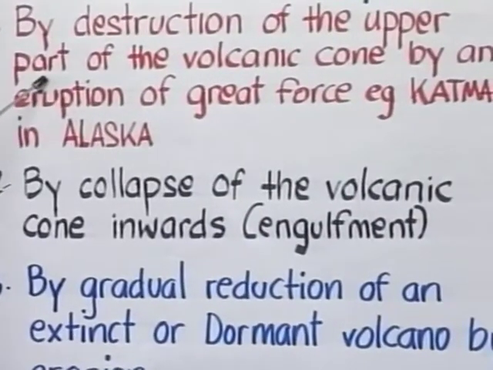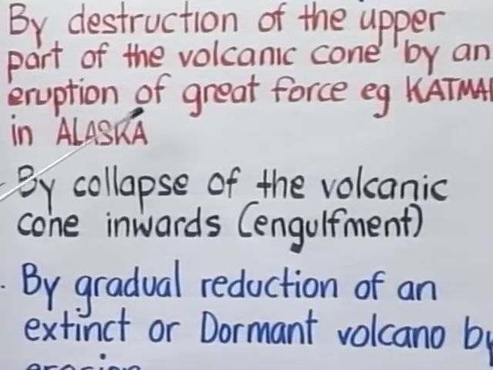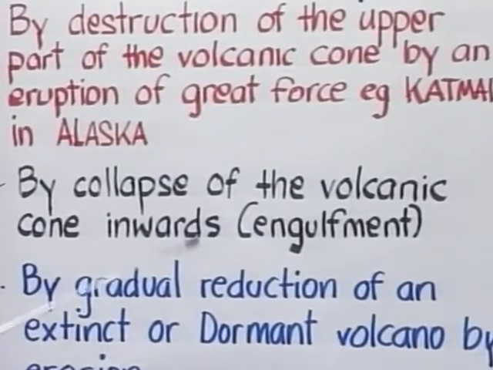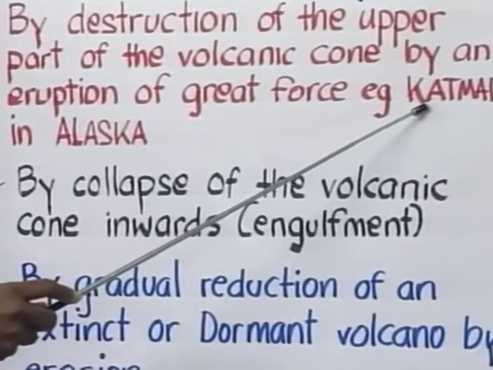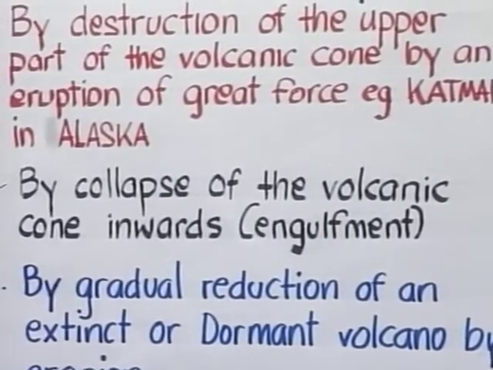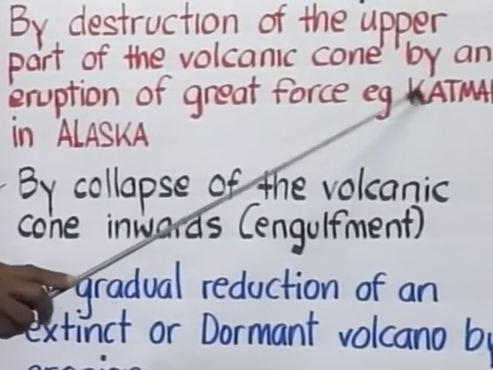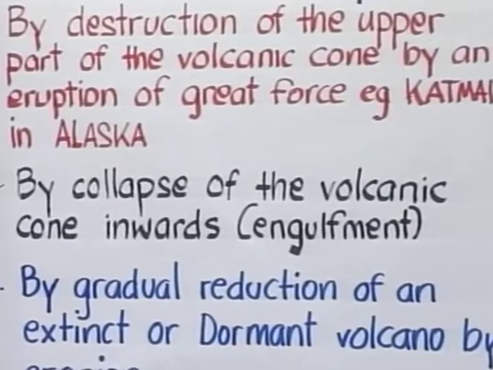The upper part of the volcanic cone is destroyed by great force or by an eruption. An example is the Katmai, which is a caldera in Alaska. That's just one of the examples, and we can look at many other examples of calderas also in Papua New Guinea and around the world.